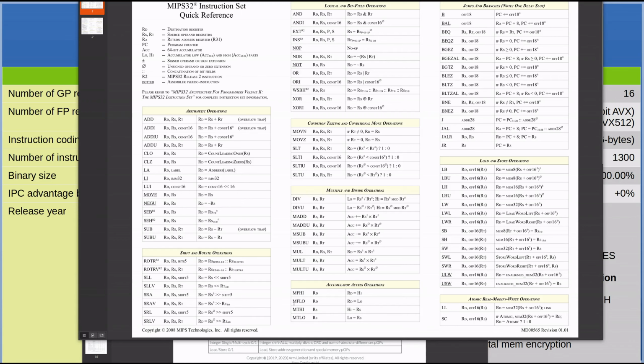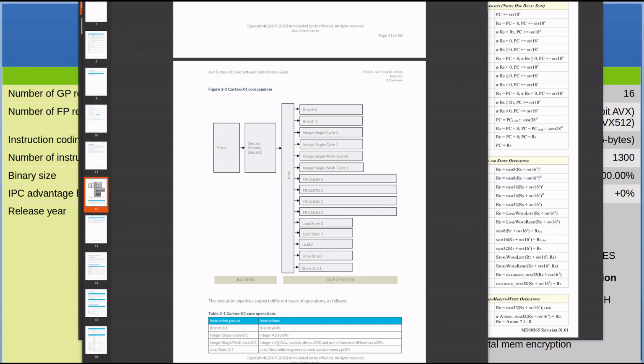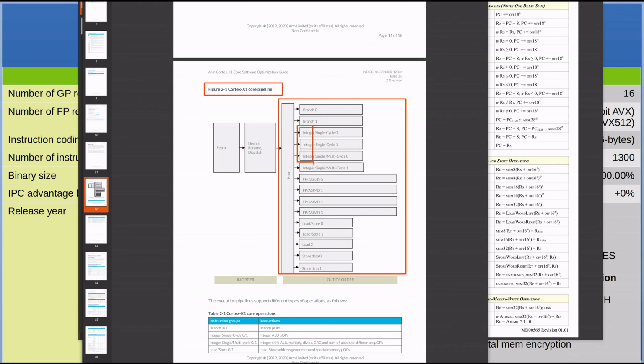But let's take a look at ARM, and let's take a look at the X1 core. This is actually the software optimization guide, which I recommend to everybody, because you can see here the kind of architecture of the CPU, which is showing like 4 ALUs, 2 branch units here, so it's like 6 wide, so it's much wider than AMD and Intel.